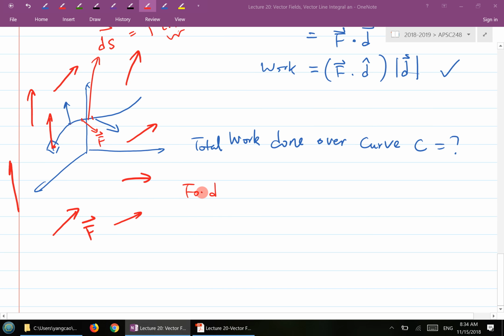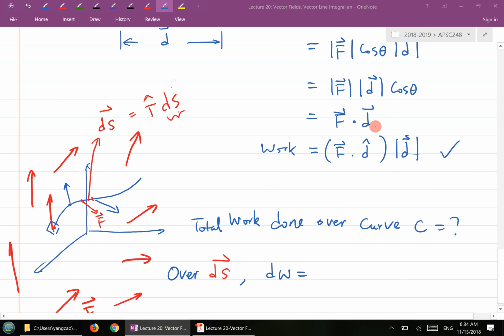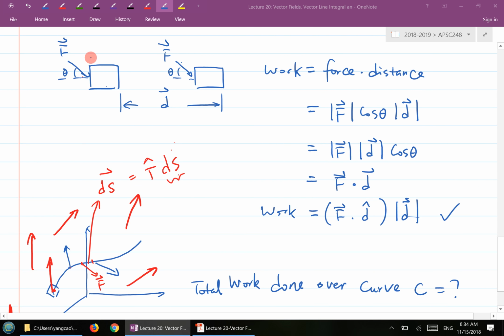Then over this ds, there will be a very small amount of work done. How much small amount of work is based on the formula we have derived over here. If you have a constant F moving with a small distance d, then the work done is F dot d.